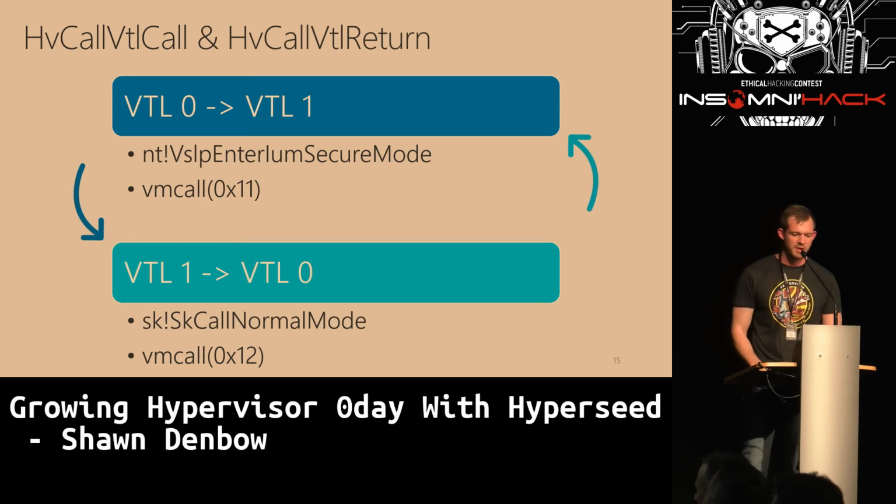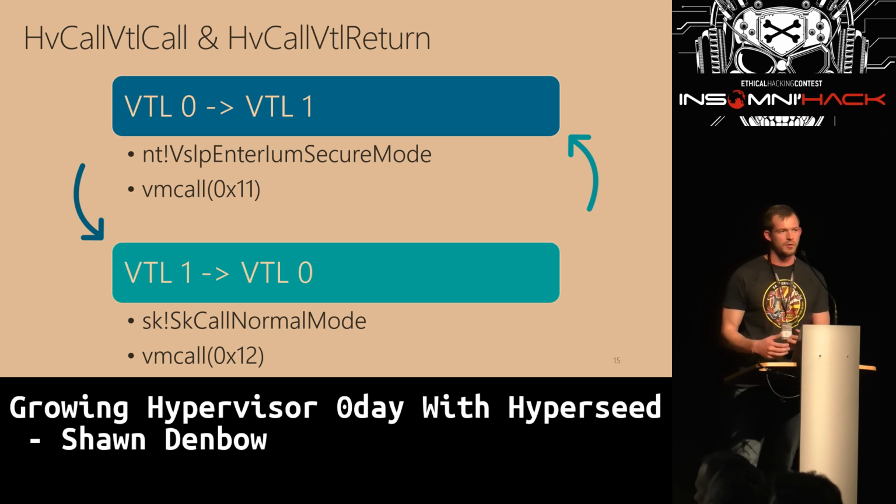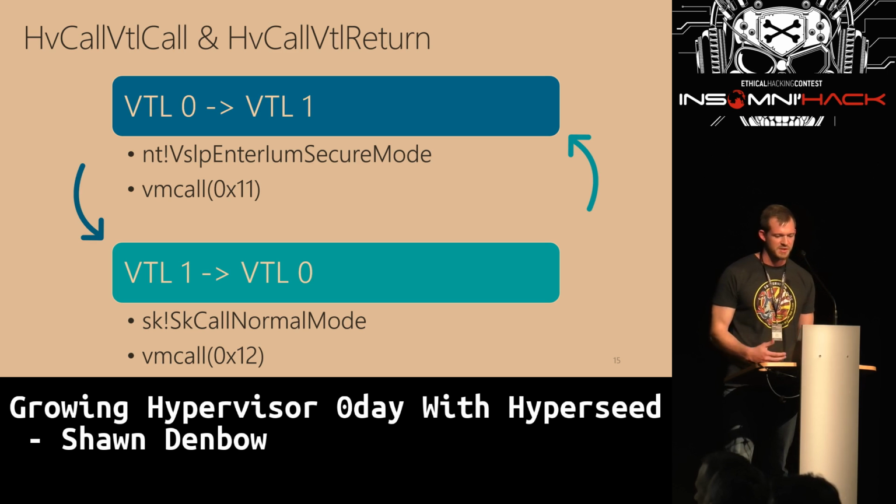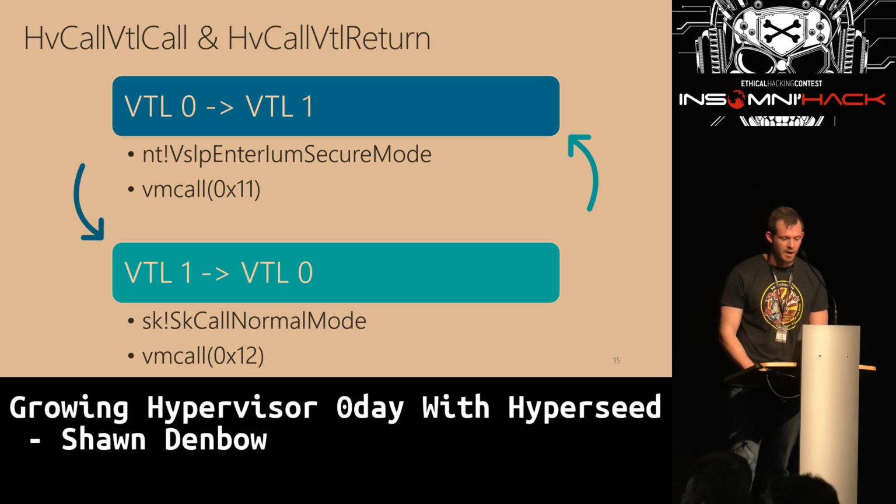So the flow for switching VTLs is as such. The normal kernel is going to request some specific services from the secure kernel, and it's going to issue this secure call and vice versa. And if you recall, each virtual processor has an associated attribute to indicate its trust level. So when you invoke this hypercall, all it's really doing is switching the trust level on your virtual processor.